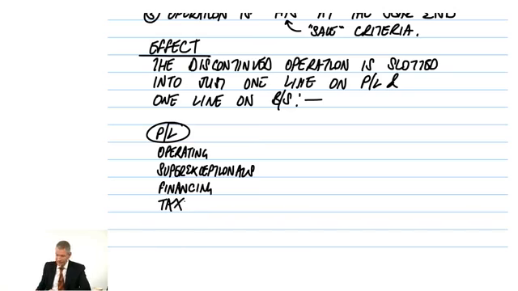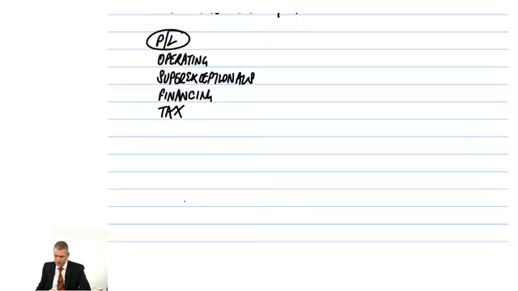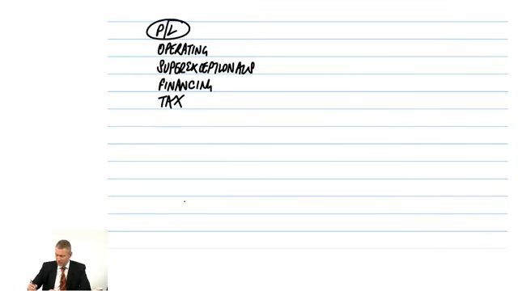That's the basic idea of how a P&L goes. But what you do is you have a separate line for the discontinued operation. And you know what accountants are like? We're romantic people. When we don't have any numbers, we give it a kiss.